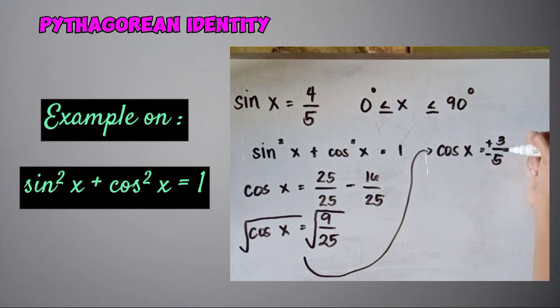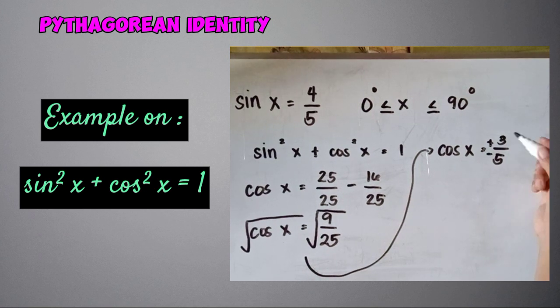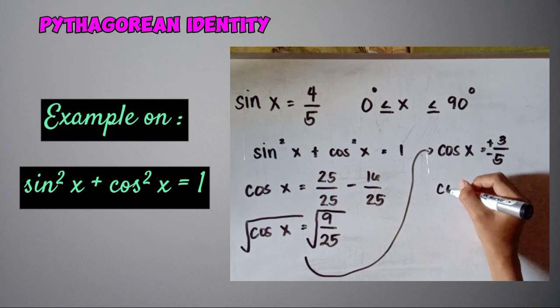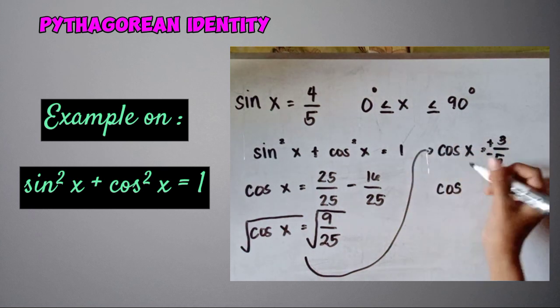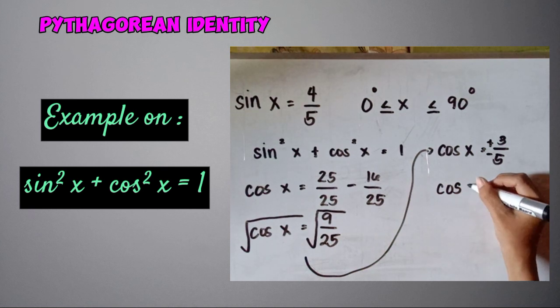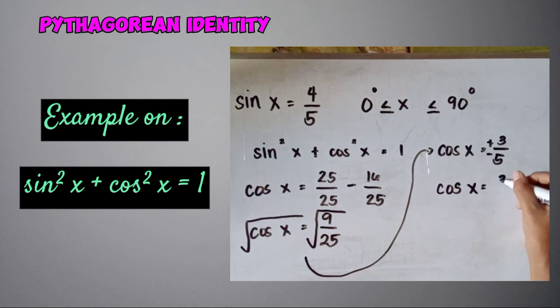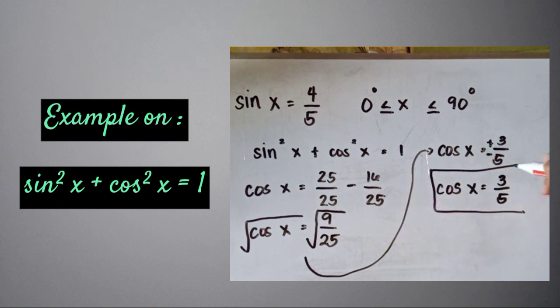And since our angle is in quadrant 1, between 0 degrees and 90 degrees, and we all know that in quadrant 1 all the trigonometric functions are positive, our final answer will be cosine x is equal to positive 3 over 5.